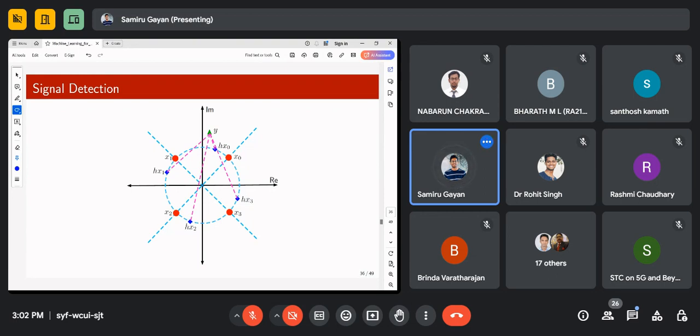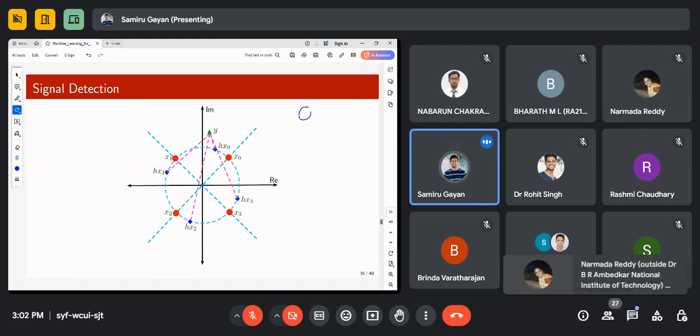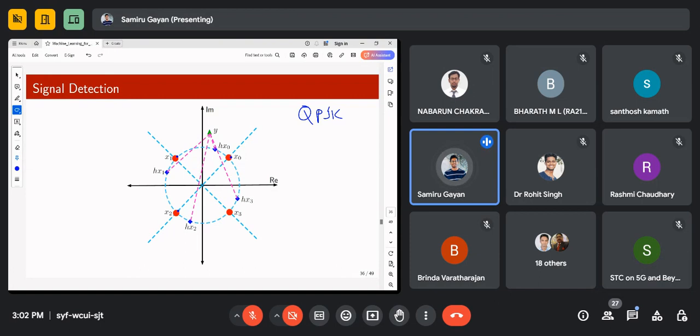In a normal scenario, when we use mathematics to find this output, we assume QPSK symbols, so we transmit one of these: x0, x1, x2, or x3. There are four symbols we transmit.